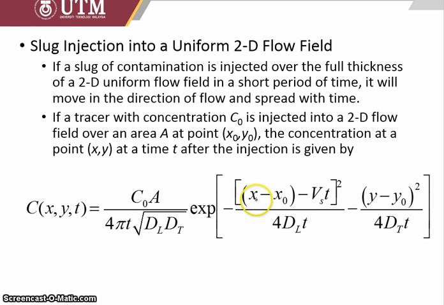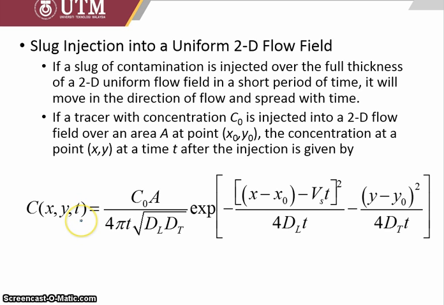We know the initial x, the starting point where the contaminant occurs, also y naught and x naught, and we want to know how far it goes. So later, at the end, we can define how much concentration occurred at a certain location at a certain time.